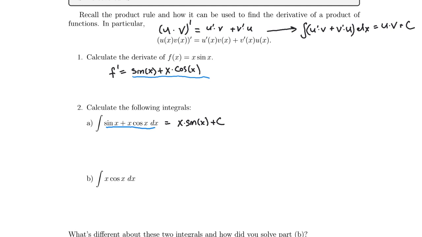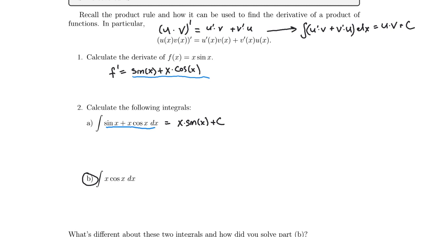Slightly more interestingly, we can try to calculate problem B, right? And problem B is kind of challenging. Problem B is not the end result of a product rule, but instead it is one part of the previous product rule, right? So it is this piece right here.